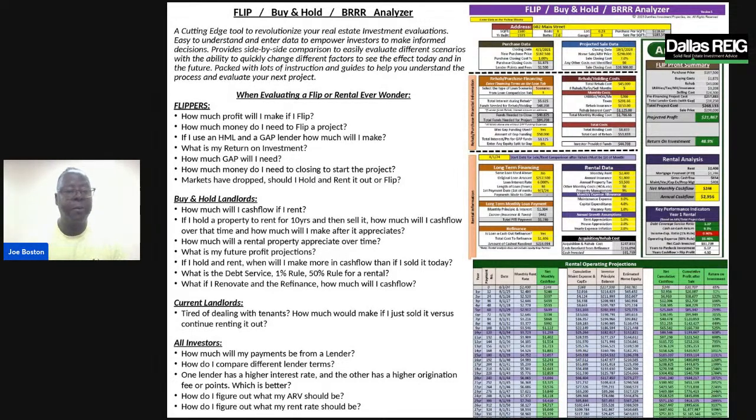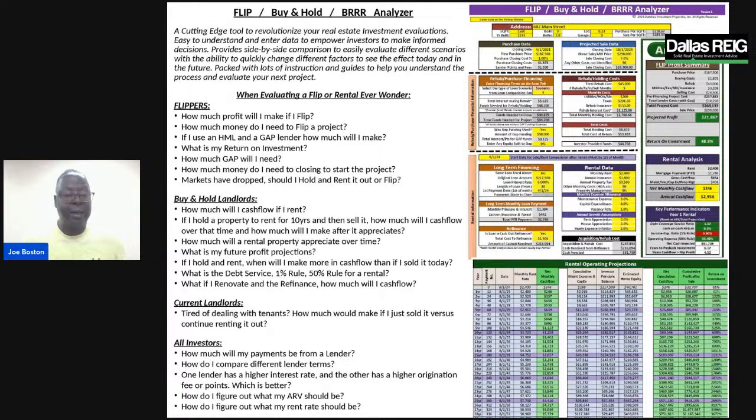So for flippers, how much profit will I make for each flip? How much money do I need for the flip or the project? Which a lot of times, you're entertaining an opportunity, but you don't know the actual cost of how much it's going to take to get into the project.